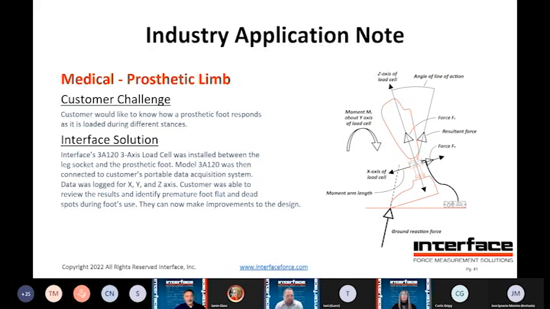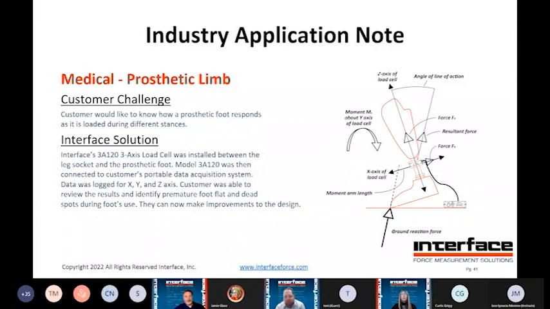So we talked about medical, in this case, prosthetic limbs. Randy mentioned wearables earlier, and wearables are not just clothing, but it's prosthetics, it's exoskeleton would be the best way to summarize wearable developments.